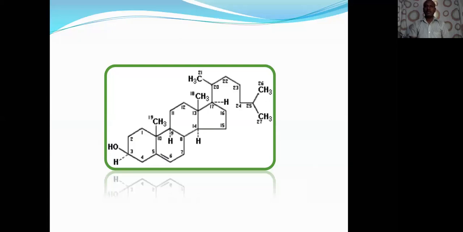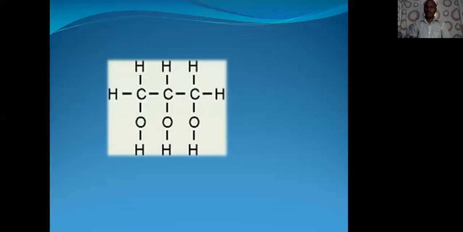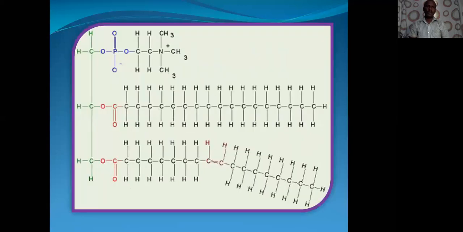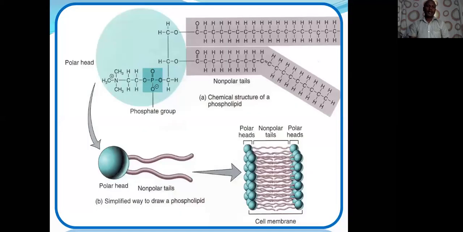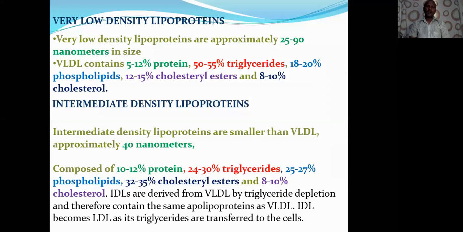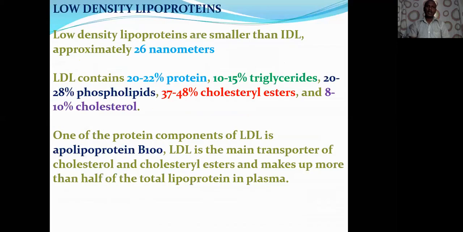The difference between lipids and lipoproteins also we have discussed, and chemical composition of lipids and lipoproteins. And then the composition of lipoprotein, what is made, that also we have discussed. And then types of lipoproteins also we have discussed, and various types.